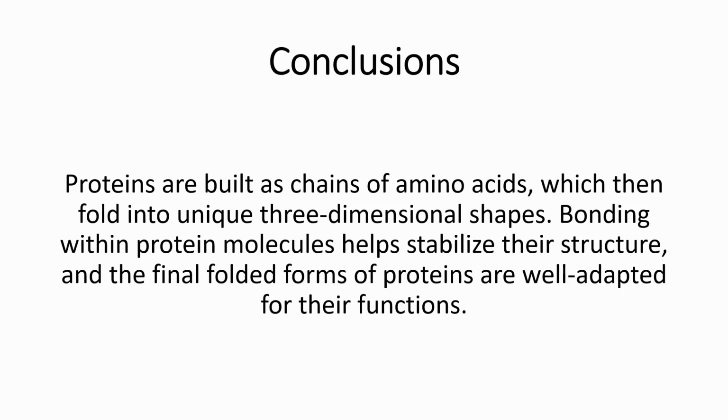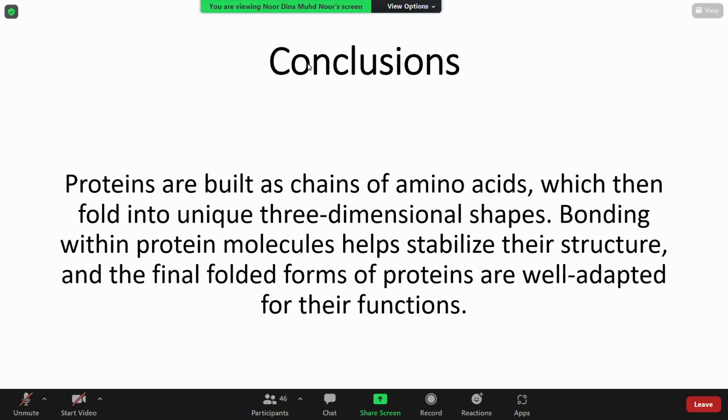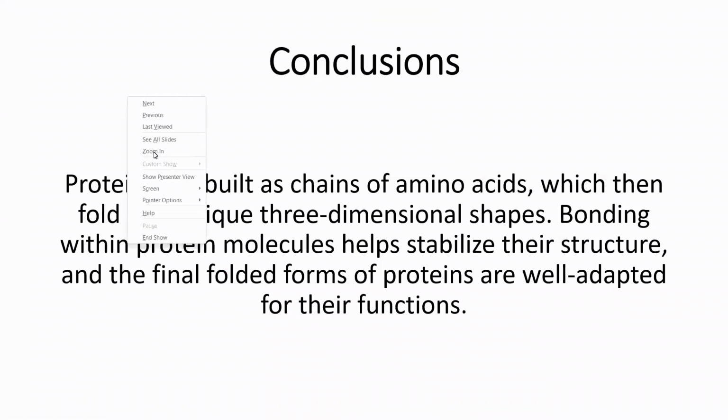The bonding within the protein molecule helps the protein to be stabilized. The final form of the protein helps it adapt to environments and determines its function. That's all for this topic.